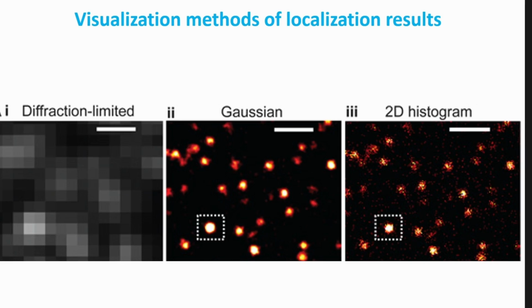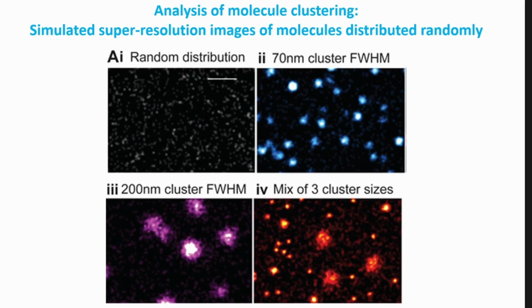That's often used. The other option is you just plot a two-dimensional histogram of the density distribution, and you replace the dots with that. And then you end up with images where you actually can recognize structures, especially when you overlay it with a wide field microscopy.